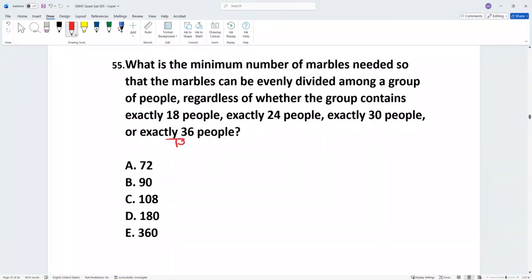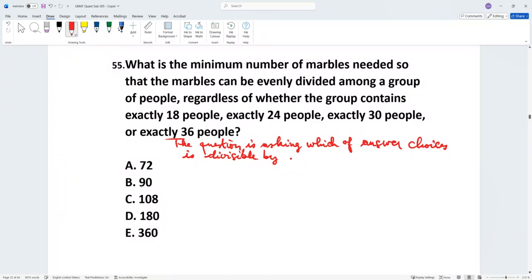So simply put, the question here is asking which of the answer choices that we have here is actually divisible by 18, 24, 30, and 36.